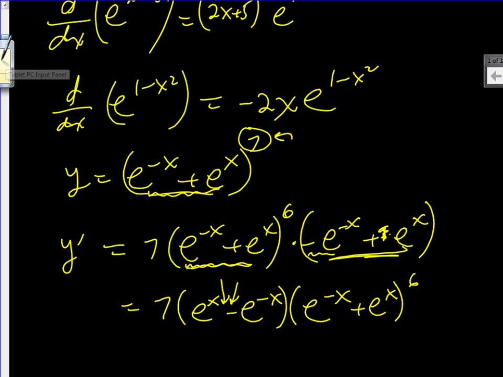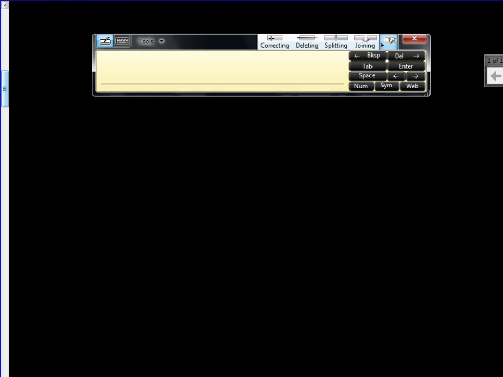Okay. Suppose you were given this function to find dy dx for: 2 over e to the x plus e to the negative x. Whenever you have a product or a quotient and one of the functions is just a constant, don't use the product rule, don't use the quotient rule.